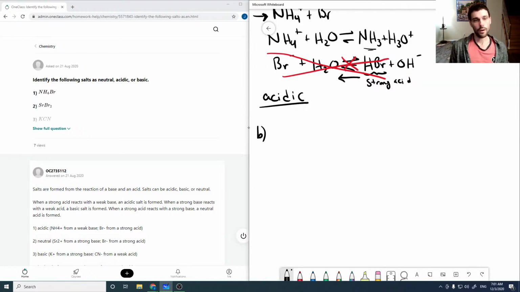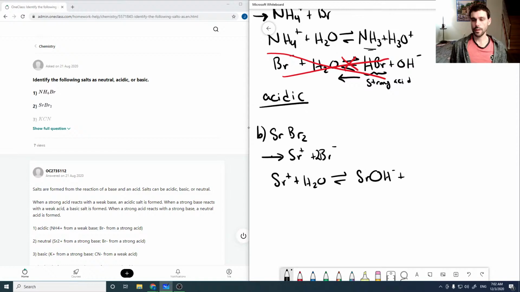Okay, so for B, we have strontium bromide, SrBr2. So we would completely dissociate into Sr plus and Br minus, two of them. Sr plus is going to presumably react with water to give us SrOH minus plus, what's the best way for me to write this actually? How did I write this here?